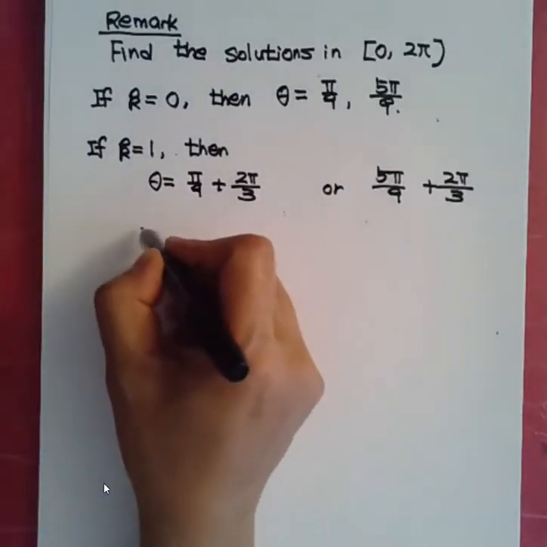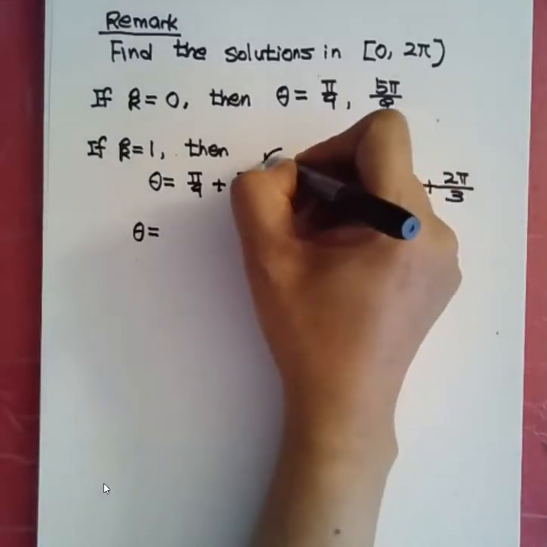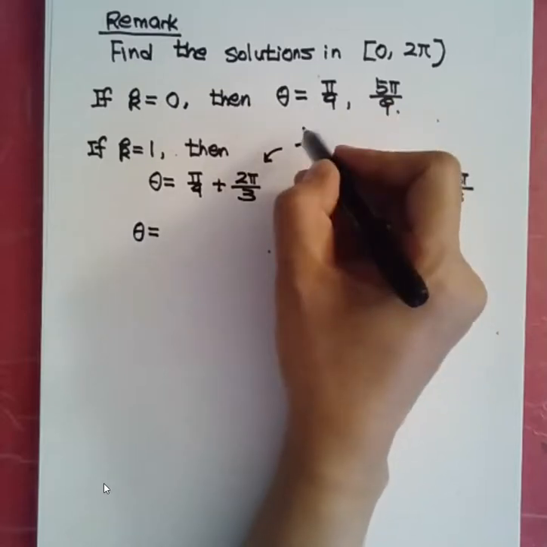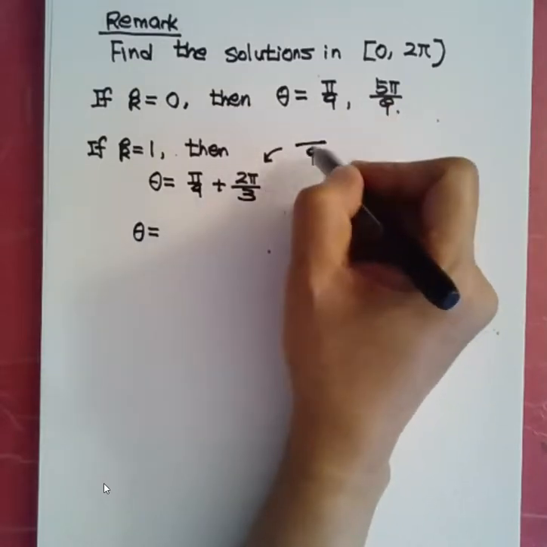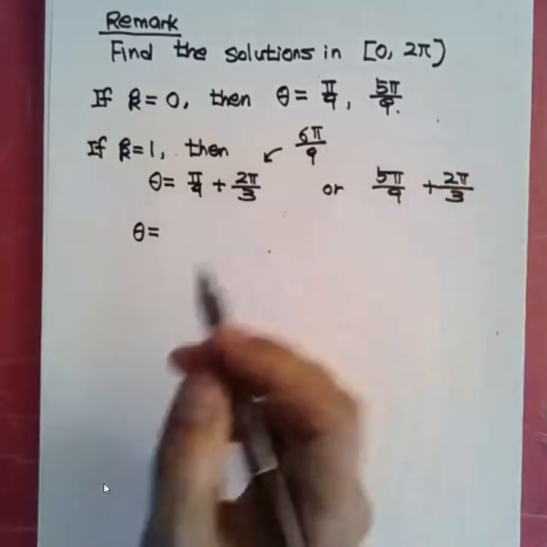Then we have to think about the common denominator. For this one, common denominator 9 will be made by multiplying by 3 to the numerator and denominator, so 6 pi over 9.